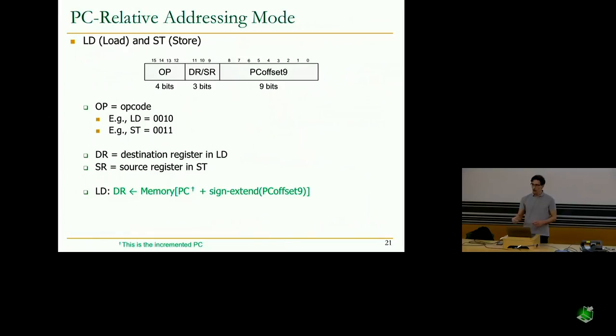So when we use the PC to evaluate the address in the execution of this instruction, the PC that we are using is already the incremented PC, and that's the same in the rest of the instructions that use the program counter. The semantics for ST are more or less the same, but here we have a source register whose contents we store in one memory position.